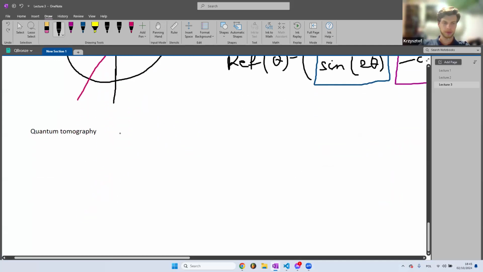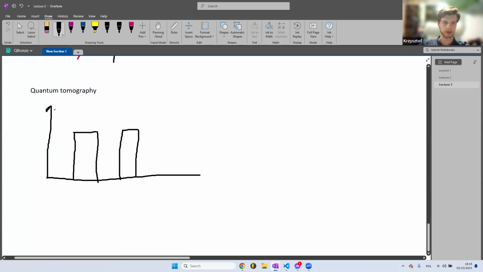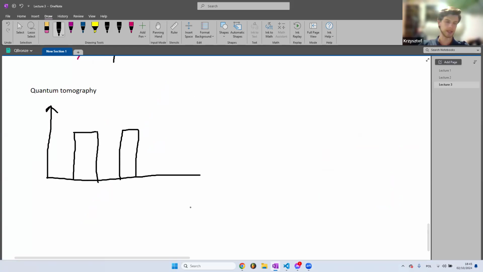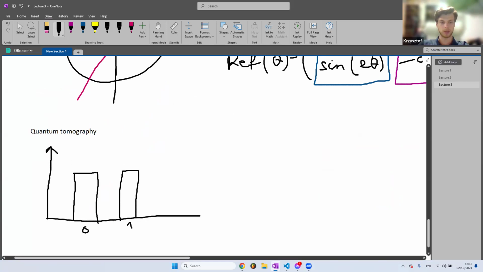So, for example, let's begin by saying that after a series of measurements, this is a bar graph, as you could see in Qiskit. There's a bar graph that counts how many zeros we measured and how many ones we measured.